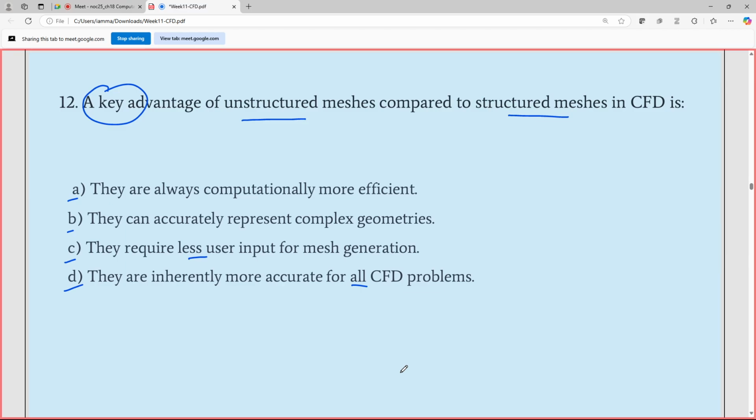Okay. Our answer is they can accurately represent complex geometries. The question is asking a key advantage. The foremost and important factor that we always go for unstructured meshes is that it can accurately represent complex geometries.